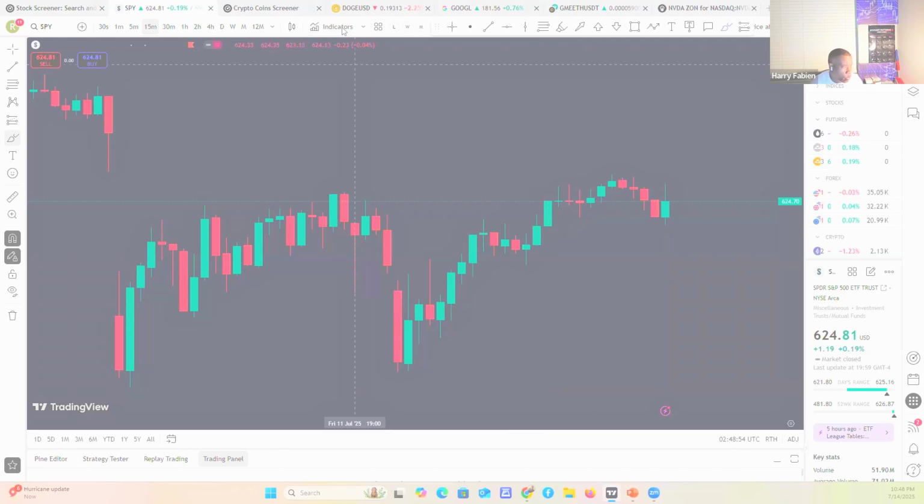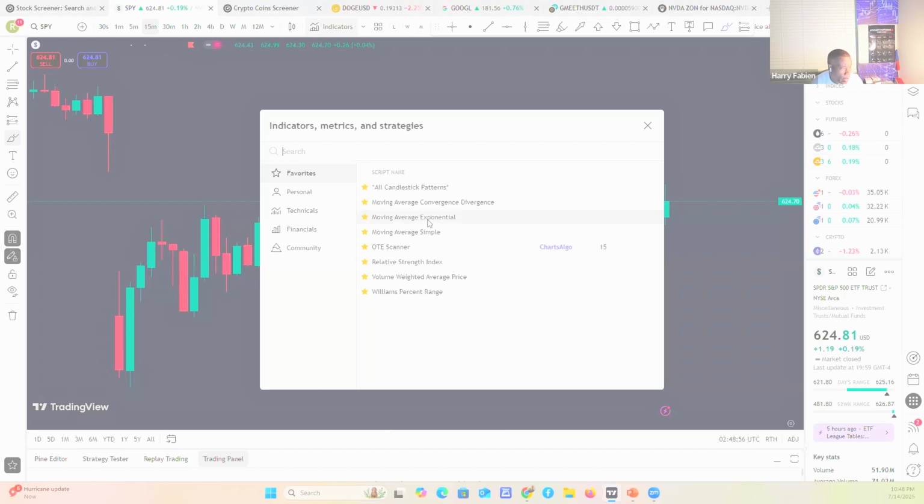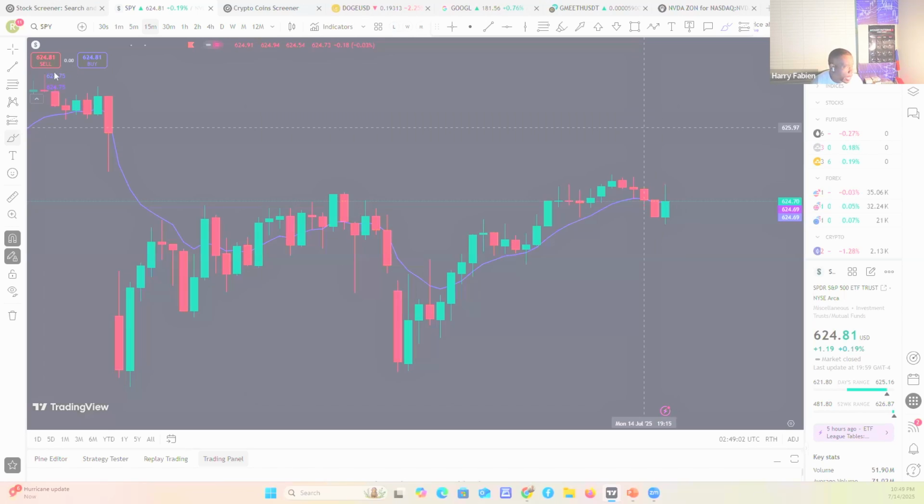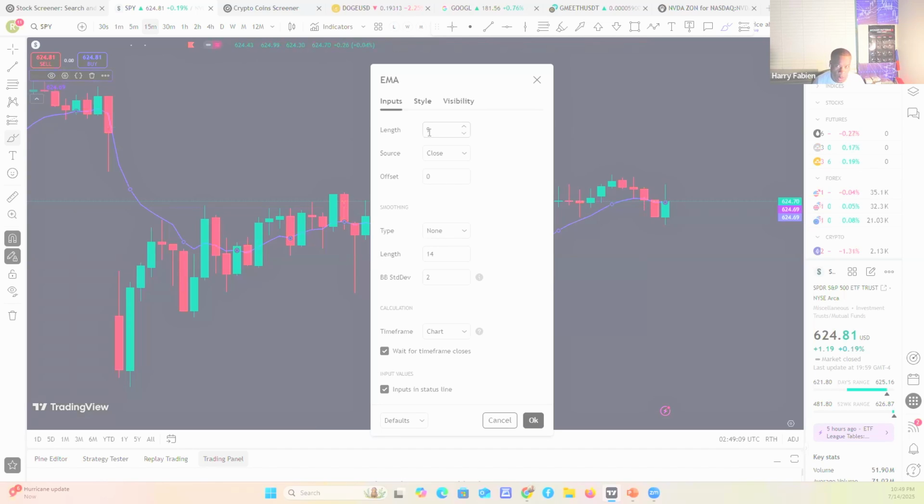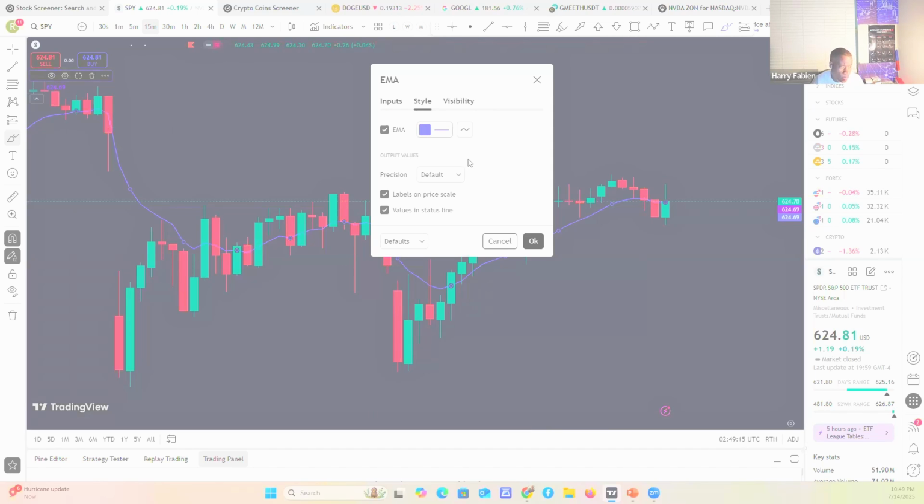So you use the 9 and the 20. You go to indicators, add your exponential, and put in the 9. Go to your settings, set it to 9 days, and then you can change the style. You can leave it as blue.